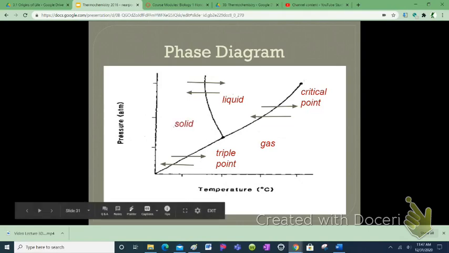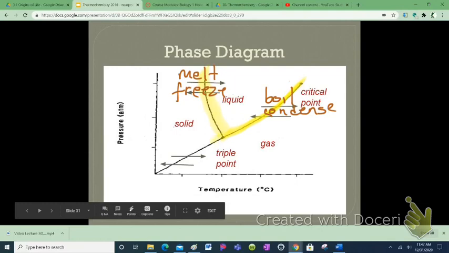So what's happening between the solid and the liquid along this line? We have melting from solid to liquid, and we have freezing from liquid to solid. Along this line, we have boiling from liquid to gas, and we have condensing from gas to liquid.